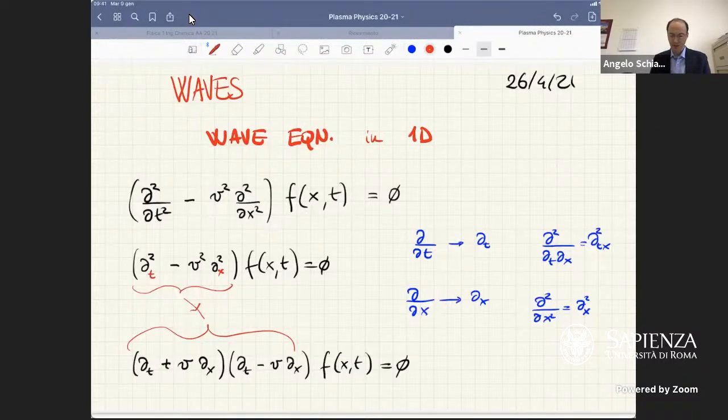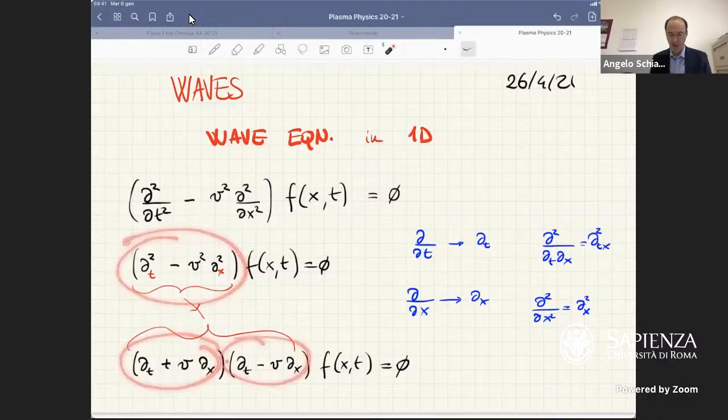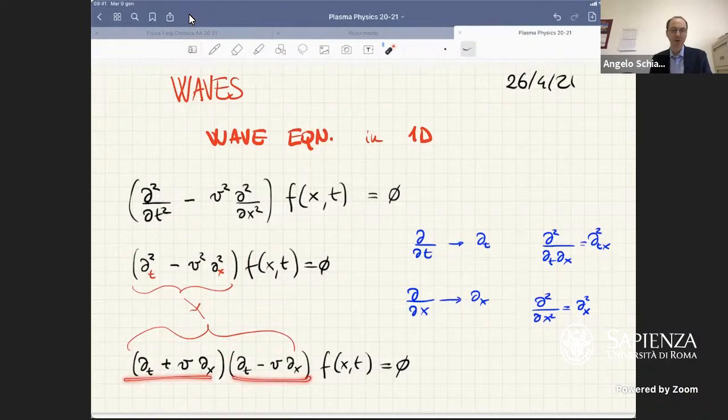So we can exchange them, and actually it's possible to write the second order differential operator as the product of two first order operators, and each one of the two corresponds to a different solution, which we'll see in a second. The first one is called the progressive wave, and the second one is called the regressive wave.